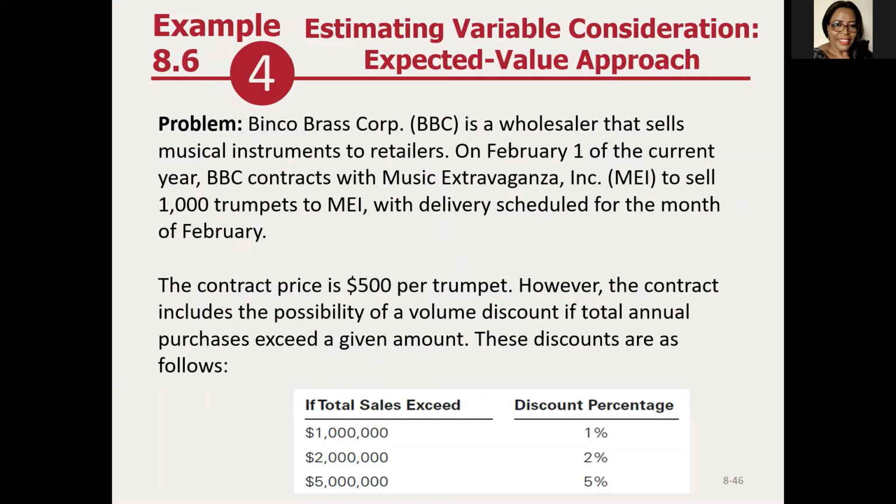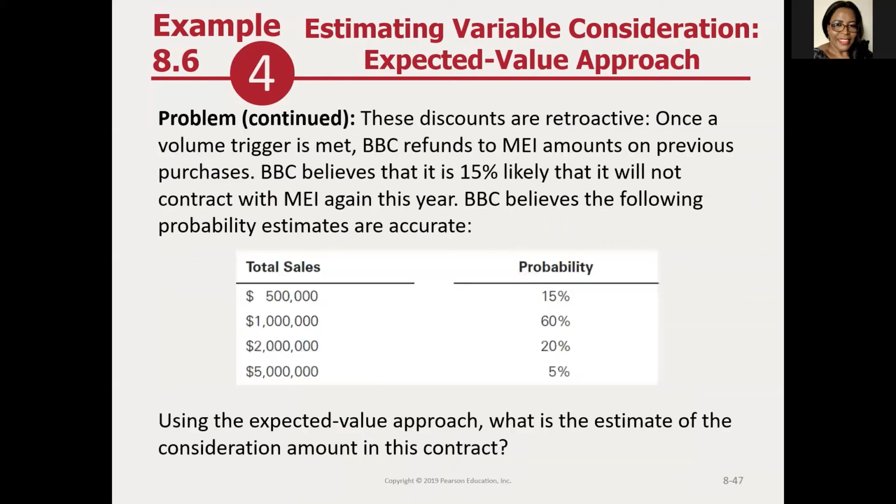These discounts are as follows. So you see here, if total sales exceed 1 million, you get the 1%, 2 million, you get 2%, 5 million, you get the 5% discount. These discounts are retroactive. Once the volume trigger is met, BBC refunds to MEI amounts on previous purchases.